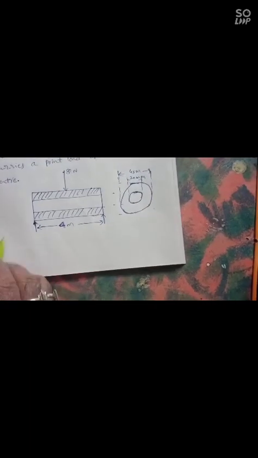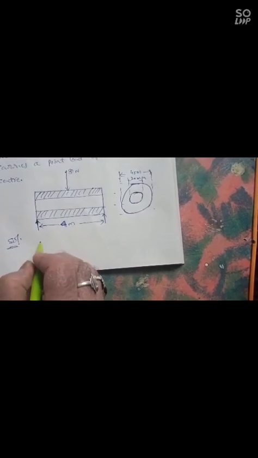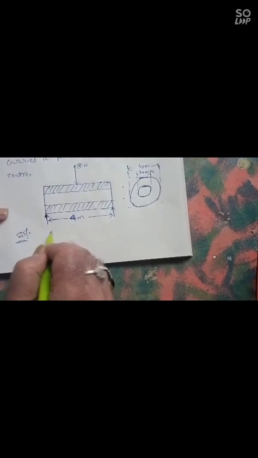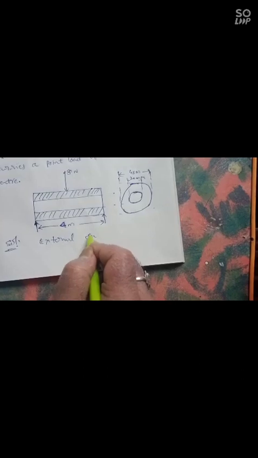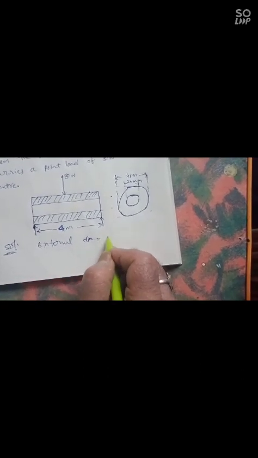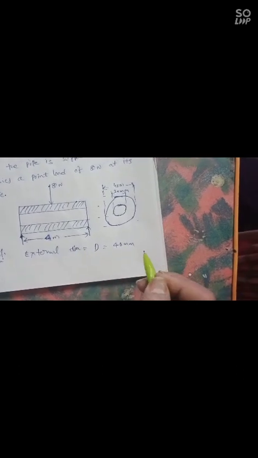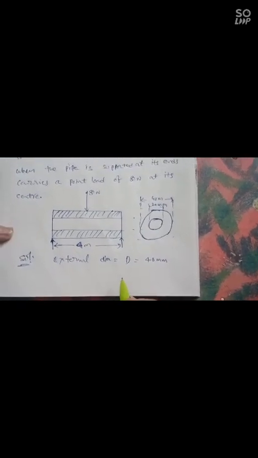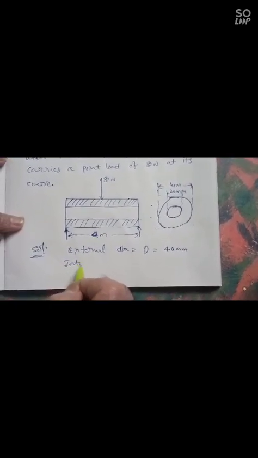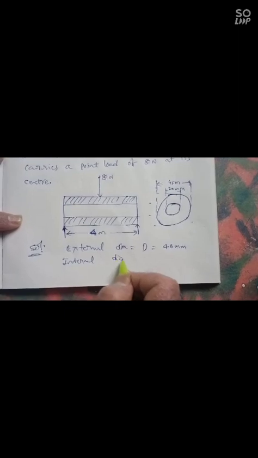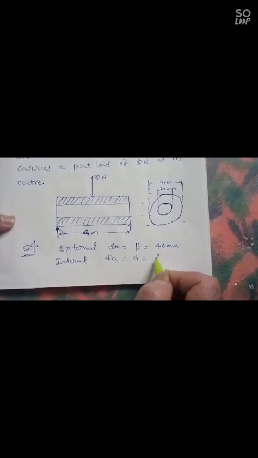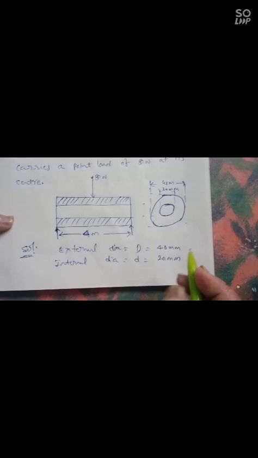Okay, solution. So given data is external dia, that is capital D, 40 mm. Next, internal dia, that is small d, is 20 mm.